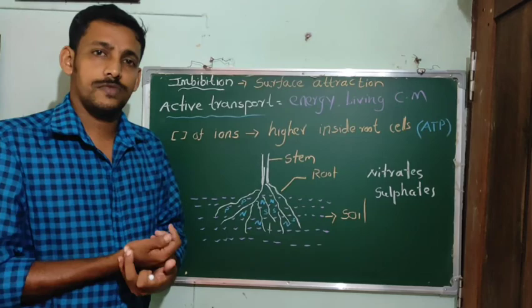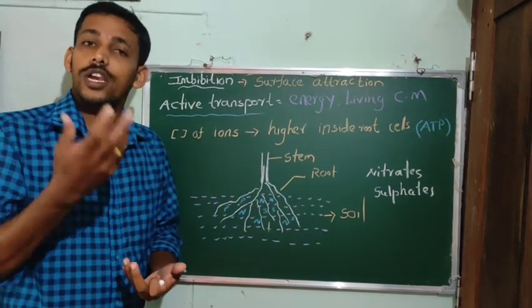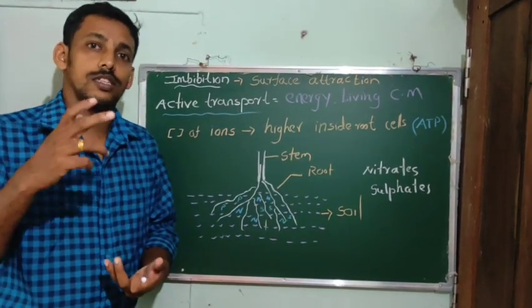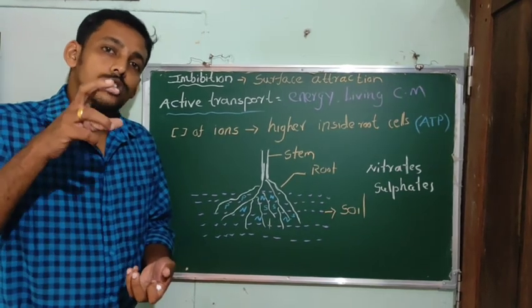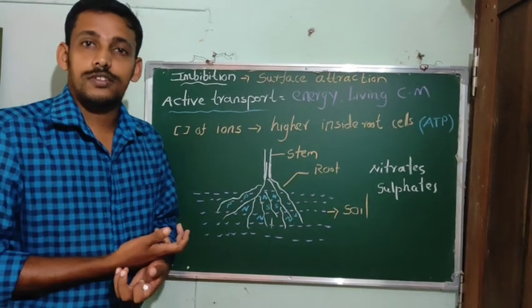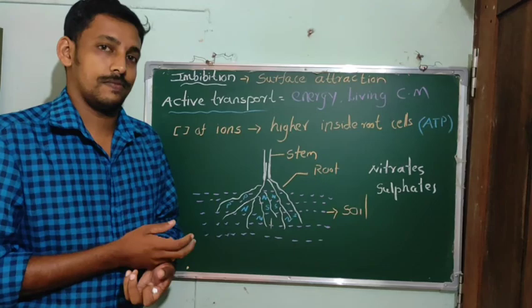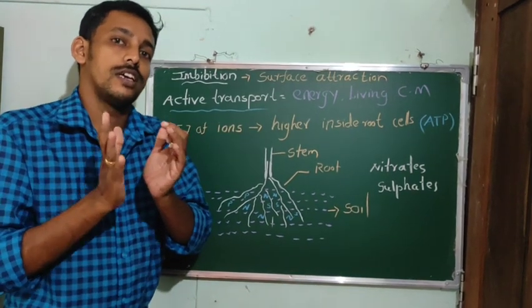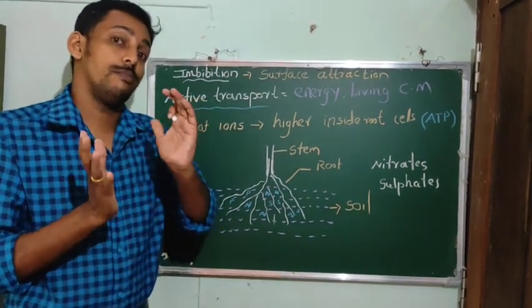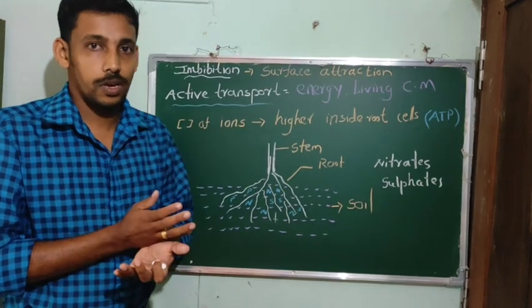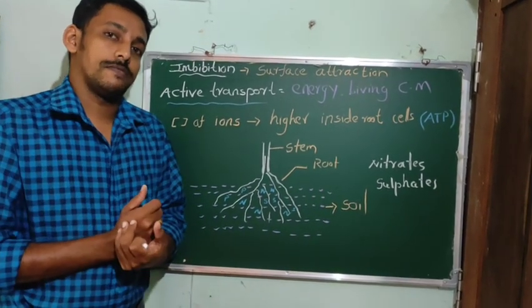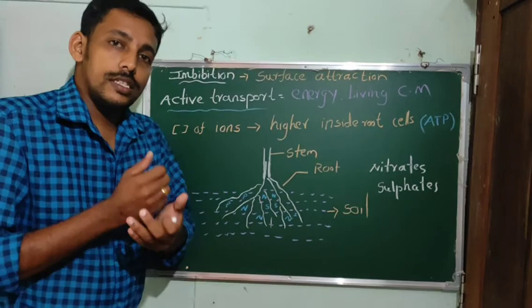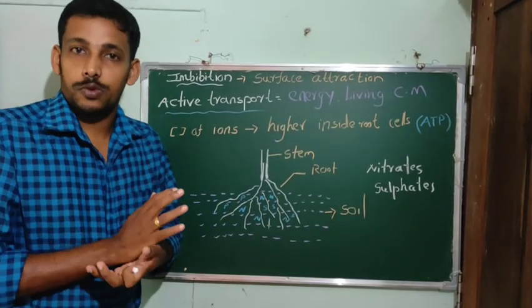For example, the swelling of seeds. You might have seen the swelling of seeds and the swelling of wooden doors during the rainy season. These are examples of what process? Imbibition. In the case of imbibition, it's an example of passive transport.